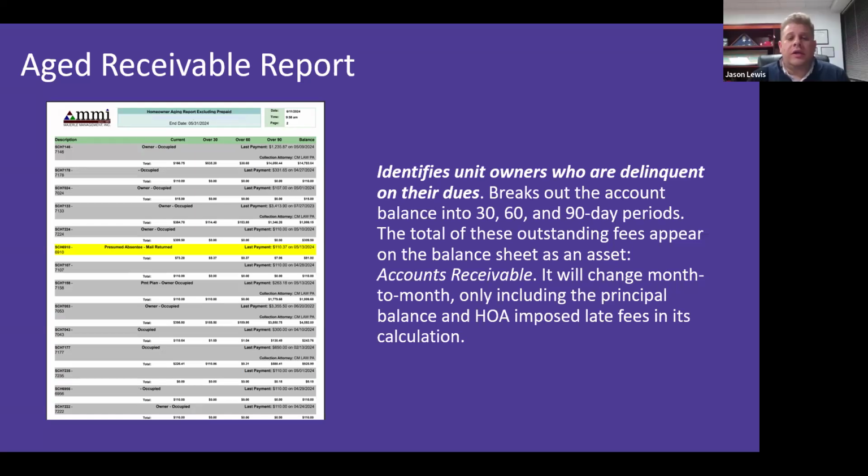Michelle, one thing I want to linger on is the last line, that it will change month to month, only including the principal balance and HOA imposed late fees in the calculation.